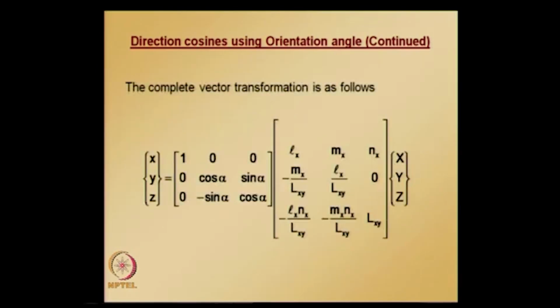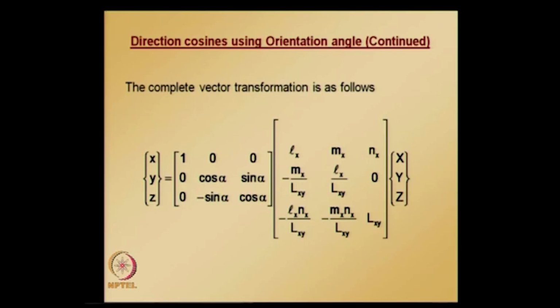So, the complete vector transformation is given by this, and if you see, the first part of this transformation is nothing but coming from the rotation that we are doing about local x axis to make local y axis parallel with global y axis. The second part of this transformation is the same as what we got for the special case.